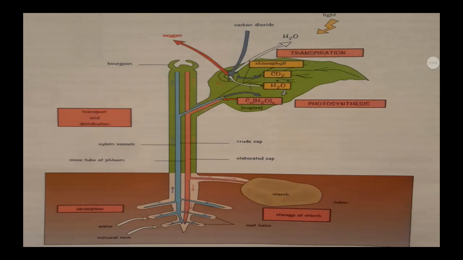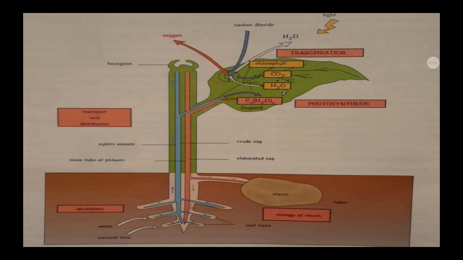Here is the process in detail. The roots absorb water and mineral salts. They form the crude sap. We call it the crude sap. This crude sap moves in an ascending manner to the leaves.